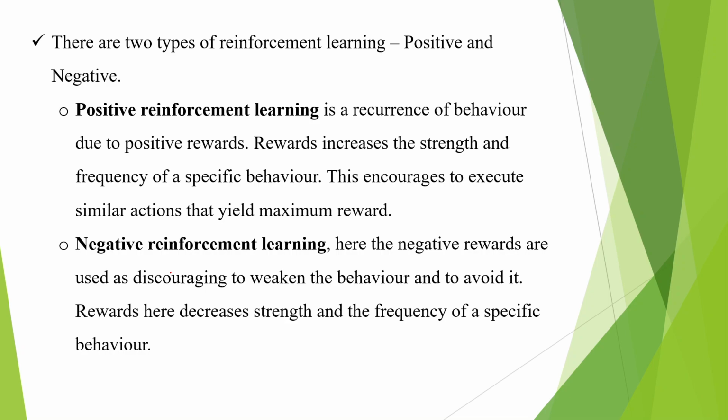Positive reinforcement learning means we always try to repeat the positive actions in future, and negative reinforcement learning means avoidance of gaining negative rewards, or weakening the behavior. We always try to discourage the behavior of gaining negative rewards.